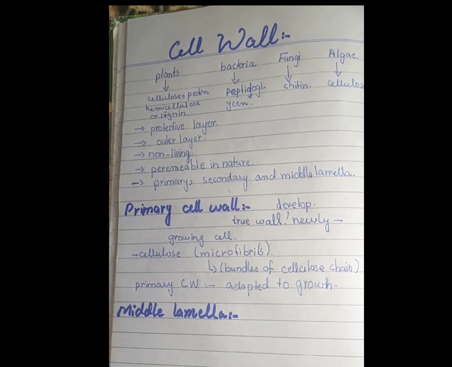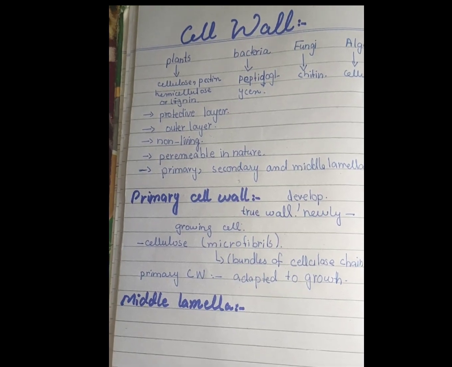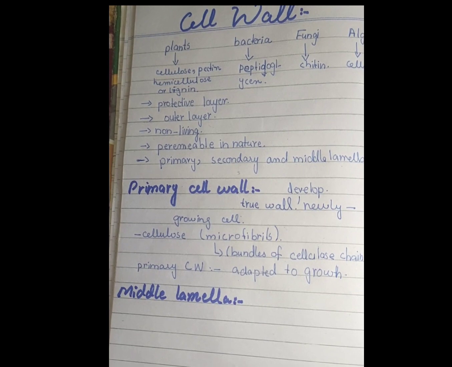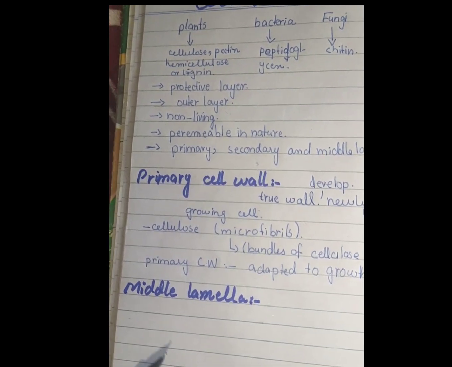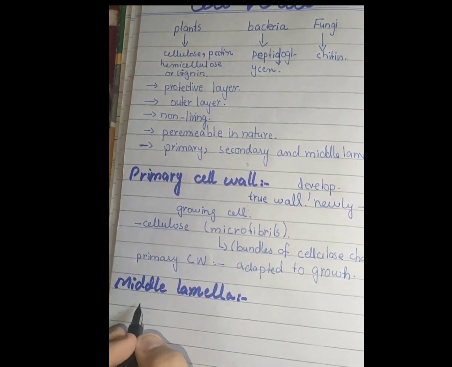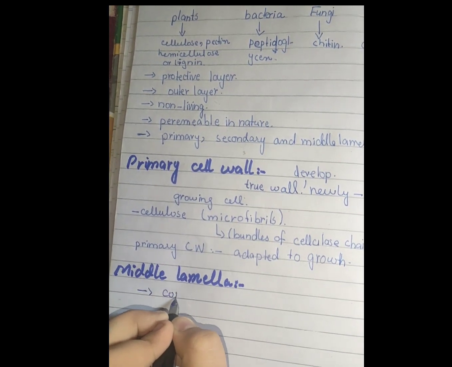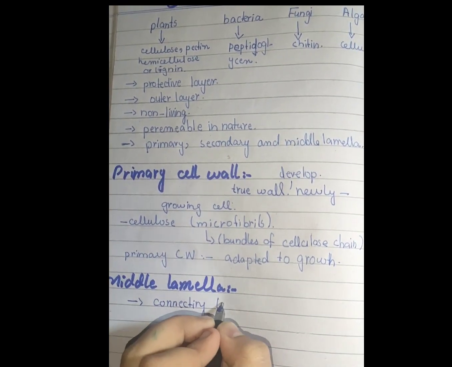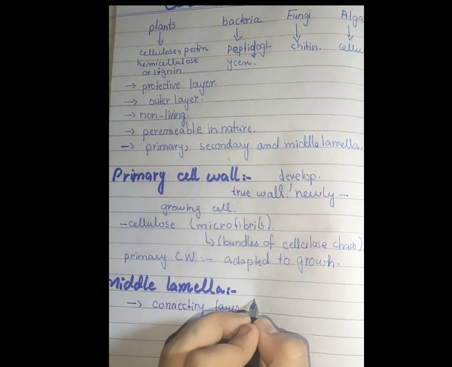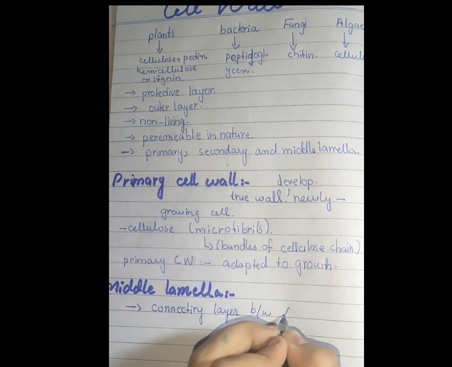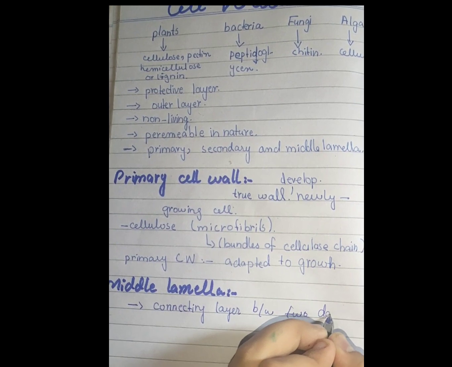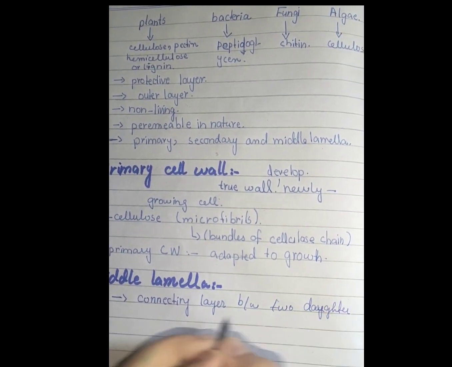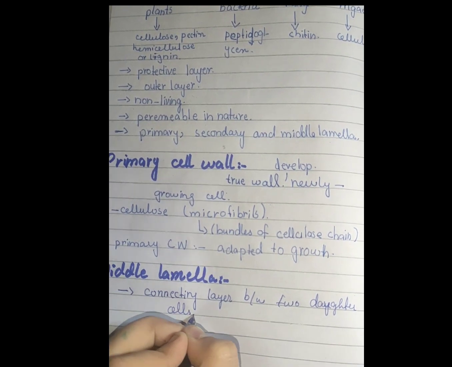Okay, so now moving towards the middle lamella. The middle lamella is basically the connecting layer between two daughter cells. Like, this connects two daughter cells.